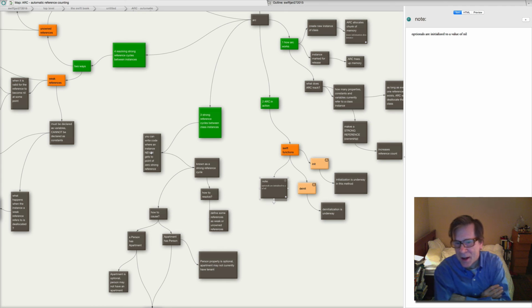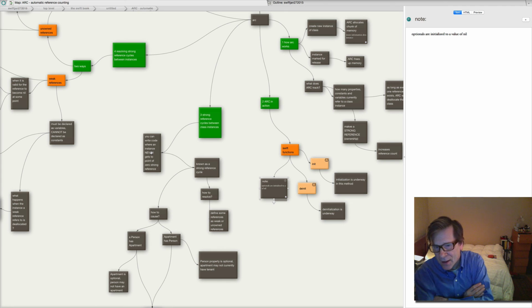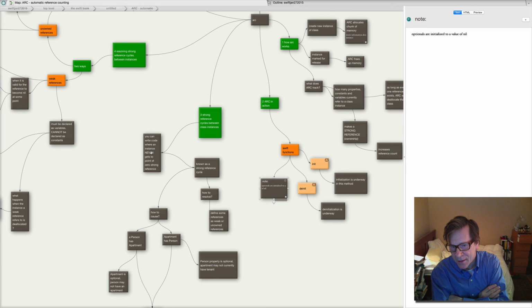Now when I nil out John, that gets rid of one strong reference to the object, but John doesn't go away because a strong reference to it exists on the apartment object. Now when I nil out apartment at the local variable level, apartment still exists because John, which was not deallocated and still exists, still has a reference to apartment.